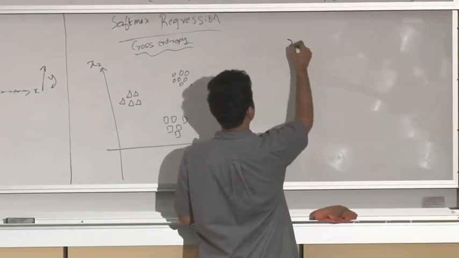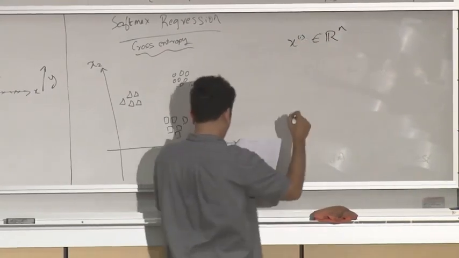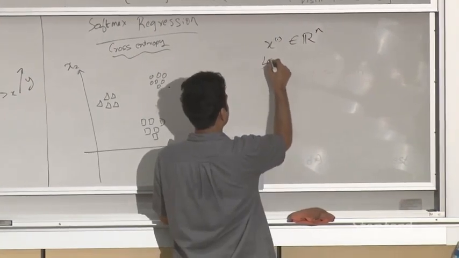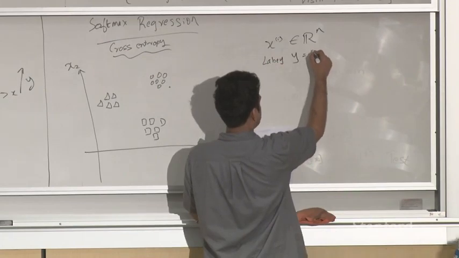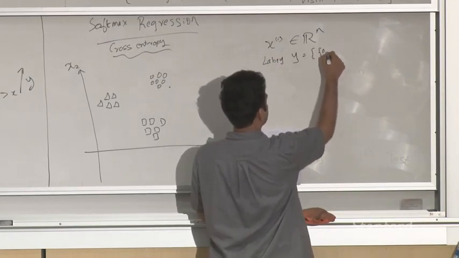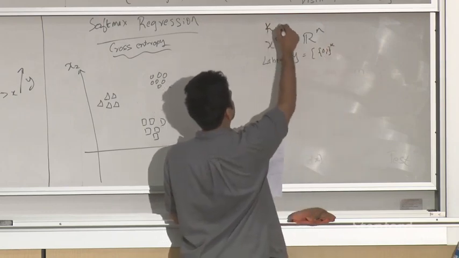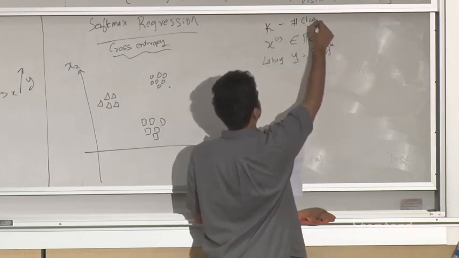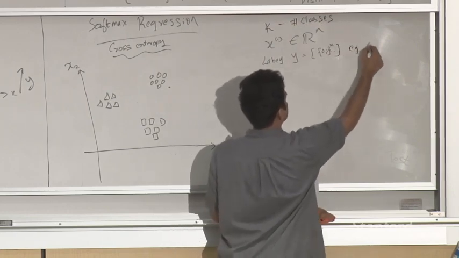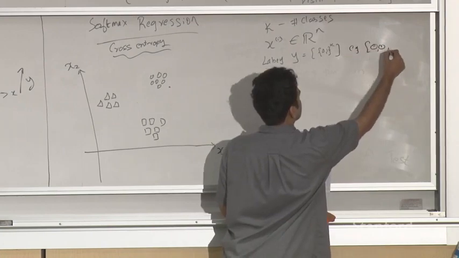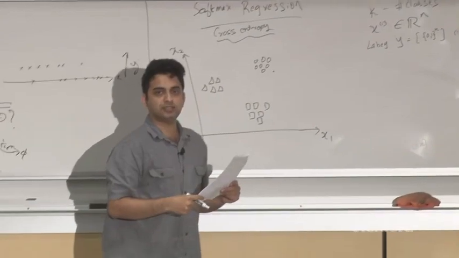So what we have is, we have x_i's in R^n, right? So the label y is 0, 1, up to k, where k is the number of classes. So the label y is a one hot vector.